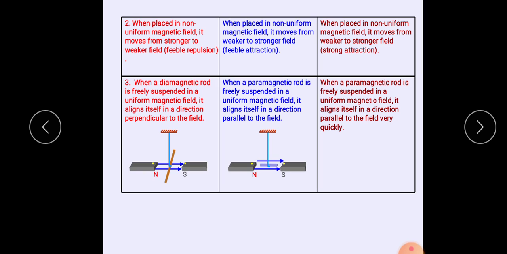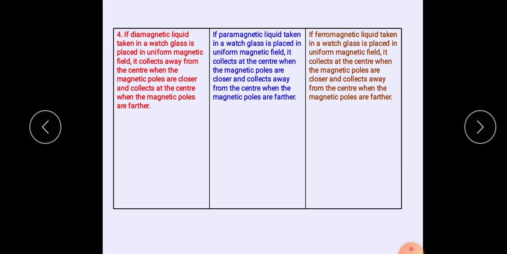And in case of ferromagnetic, alignment is again parallel, but compared with paramagnetic, it aligns fast. Yes, you can see here it aligns rapidly.